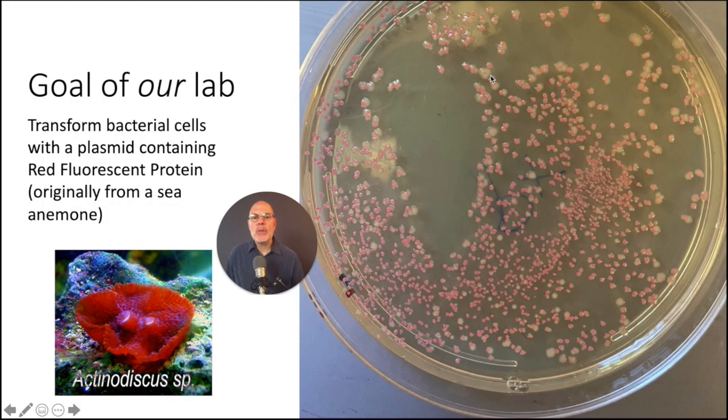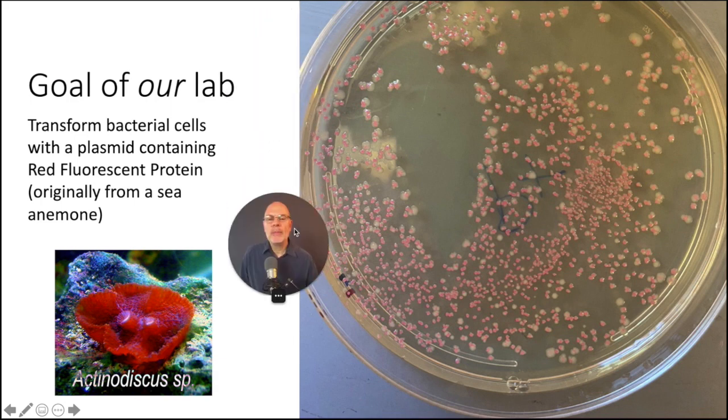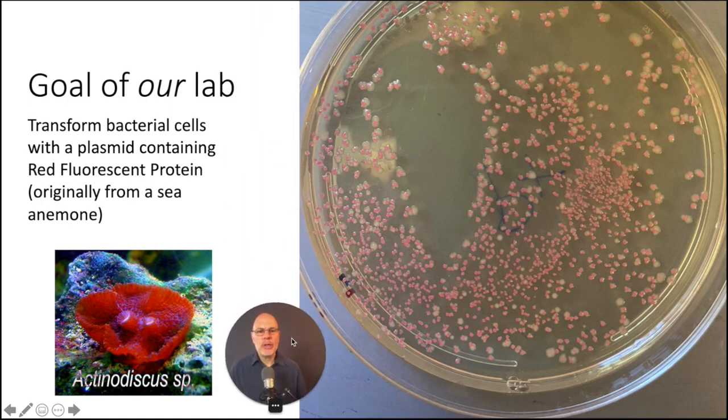So the goal of this lab is, well, severalfold. There are some learning goals and then there's sort of a technical goal. So one thing that we're going for is this over here. This is a plate of bacteria, and these bacteria are E. coli bacteria, the kind that grow in our guts, but they've been genetically engineered. And so what they've experienced is what's called transformation.